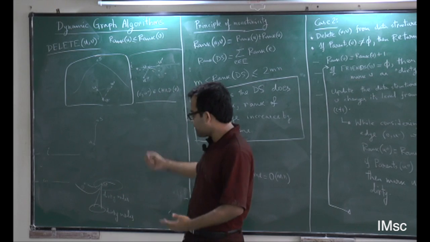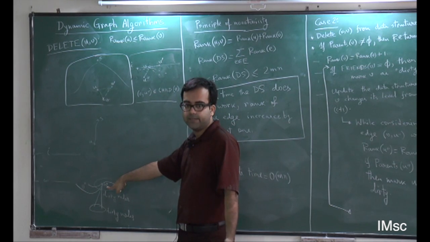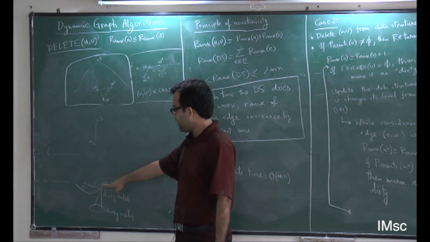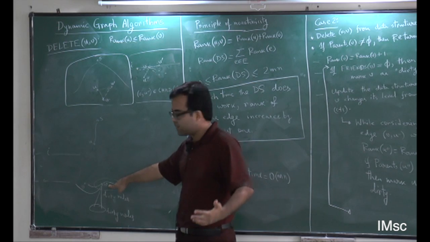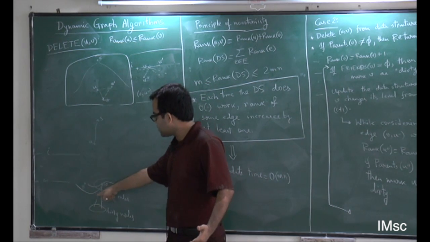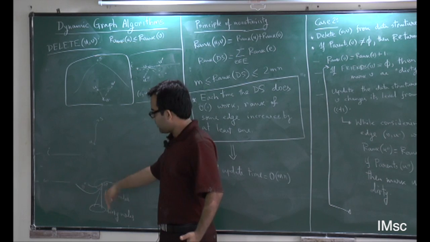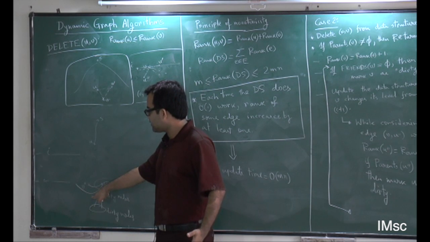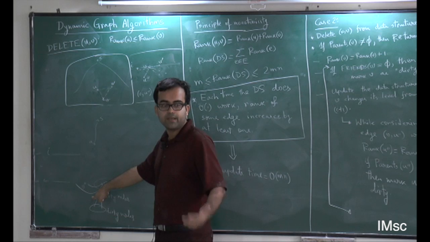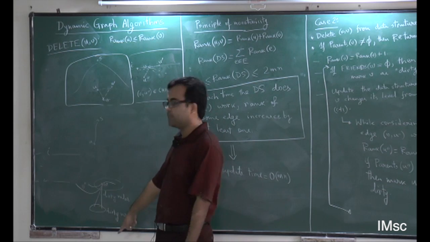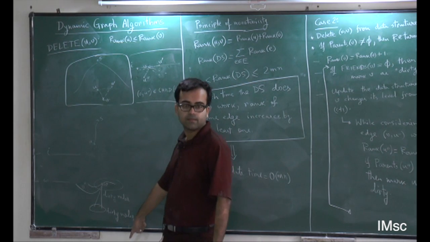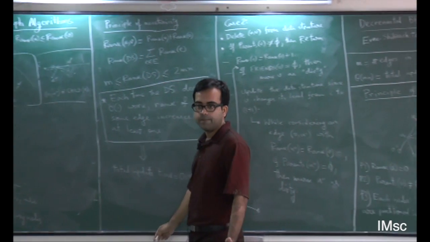See, the data structure is doing some work only when it is fixing a dirty node W, and when it is fixing a dirty node, the amount of work it is doing is proportional to the number of incident edges on it. And for each of these incident edges, their rank is increasing by at least 1, because W itself is increasing its level. Okay.